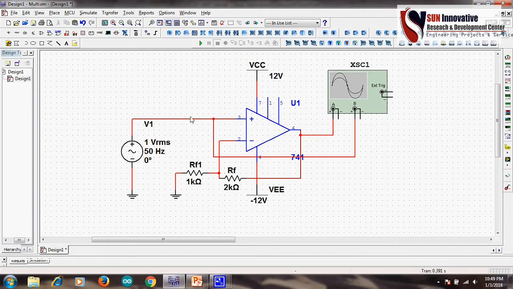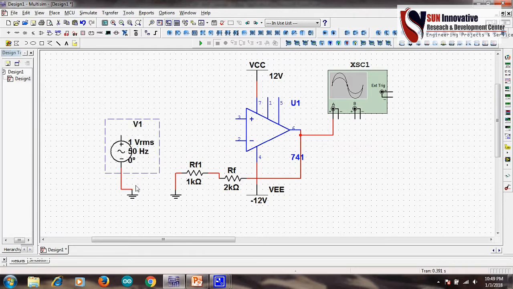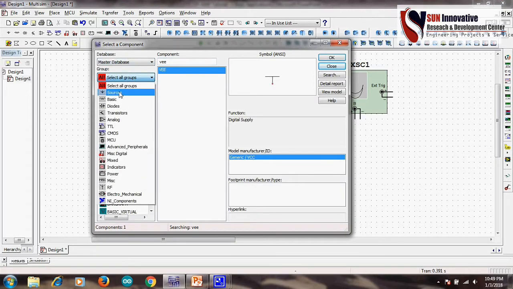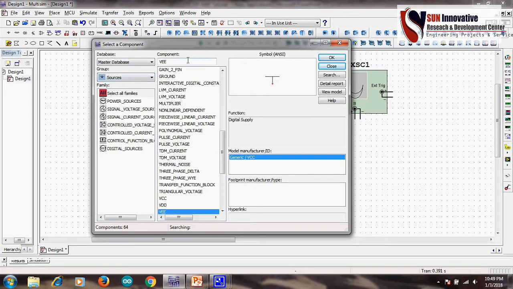Now we will remove the connections of all we have performed for the non-inverting. Now let's perform the adder circuit. We will take a DC supply this time instead of the AC, for the new example.